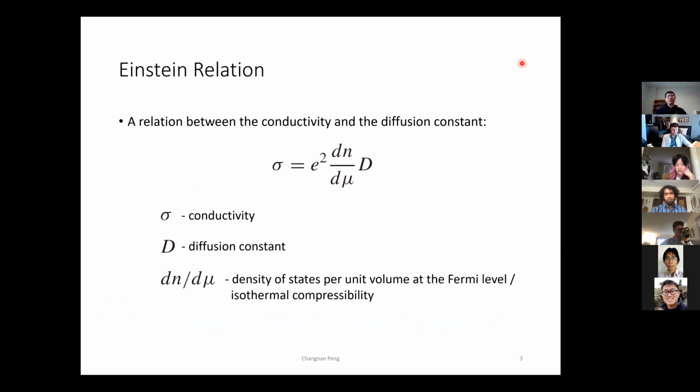We know there's an Einstein relation, which is a relation between the conductivity and the diffusion constant in condensed matter.